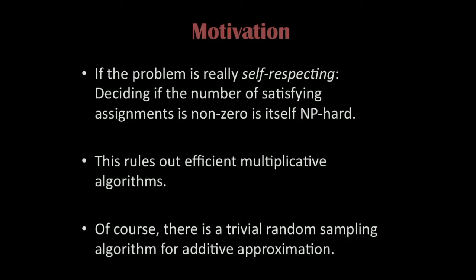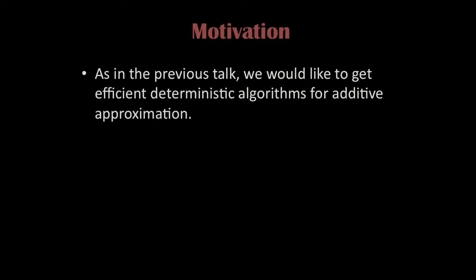As Rocco again mentioned in the last talk, there's a simple, trivial random-sampling-based algorithm which, given any efficiently computable function, can get an additive epsilon accurate estimate of the fraction of satisfying assignments. Just random sampling works. So the only interesting problem left is that we would like to deterministically approximate the fraction of satisfying assignments for a given class of Boolean functions. This is the only interesting problem left.